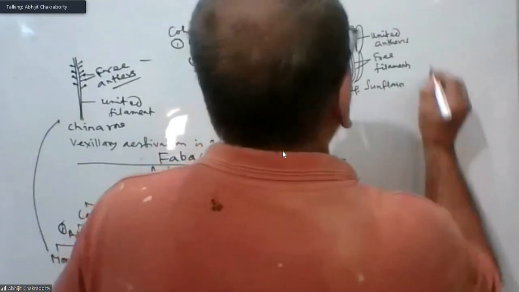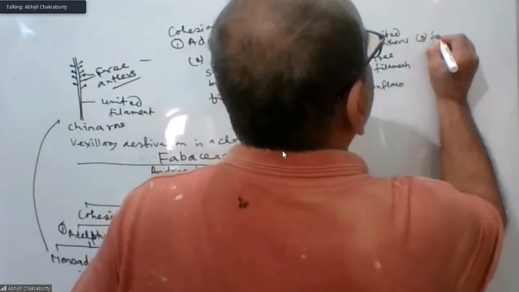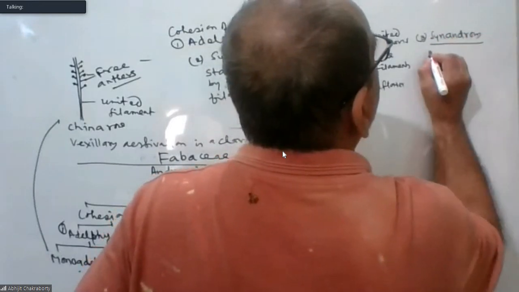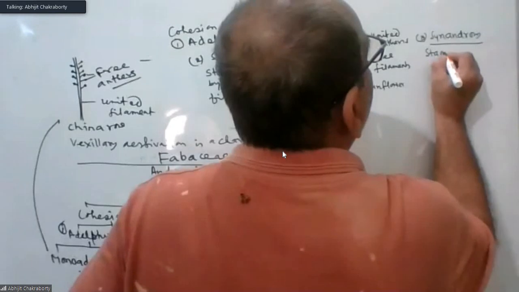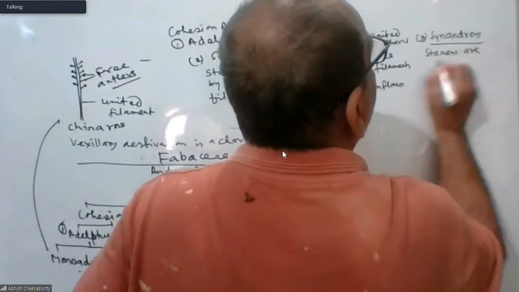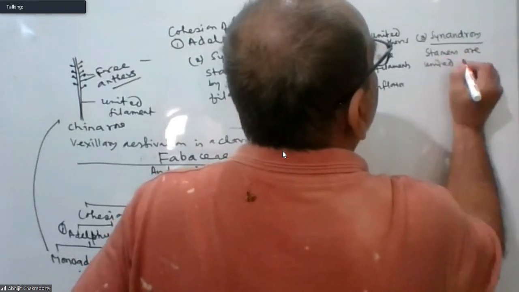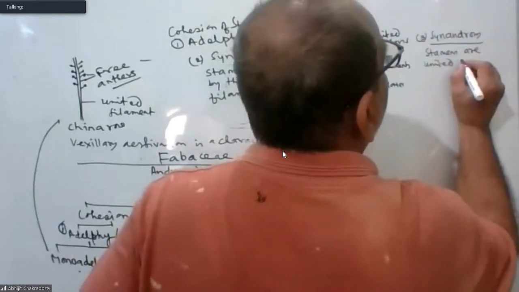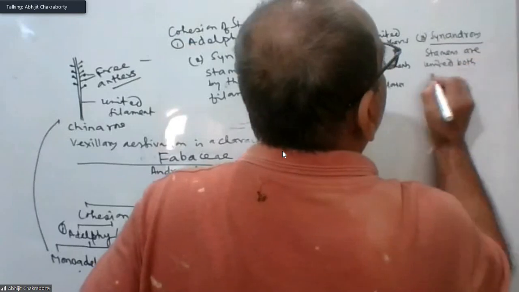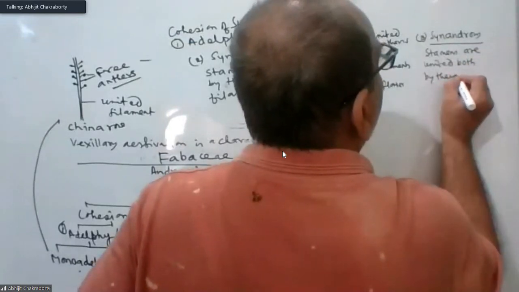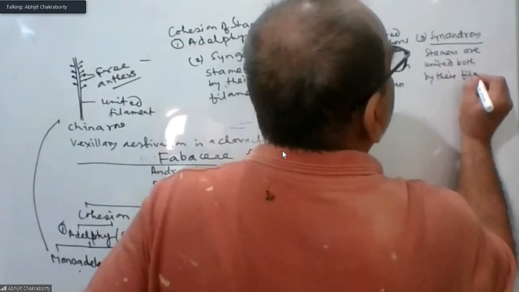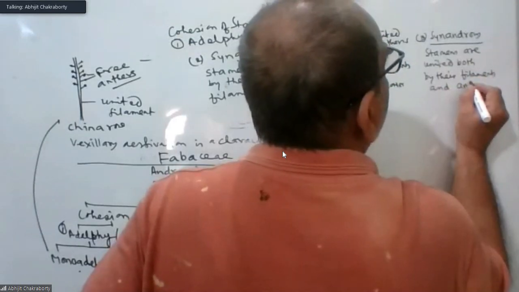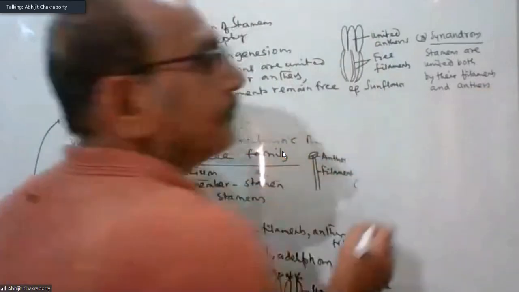Then comes the last one, synandrous. Stamens are united both by their filaments and anthers.